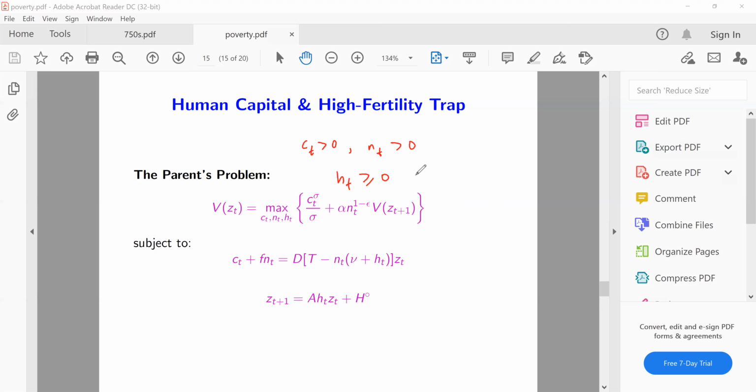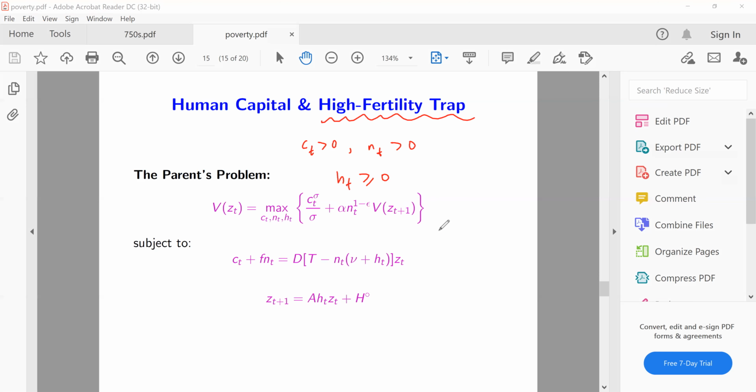So you, as a theorist, may want to keep this possibility open to understand the issue of the high fertility trap. Okay, so when we are writing the first-order conditions, we're going to be careful with this.